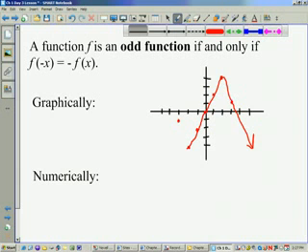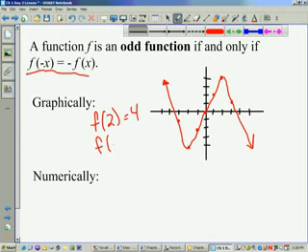So this function would look something like this. The definition being f of -x equals -f of x. Well, that means if we have f of 2 is equal to 4, f of -2 is going to be -4.